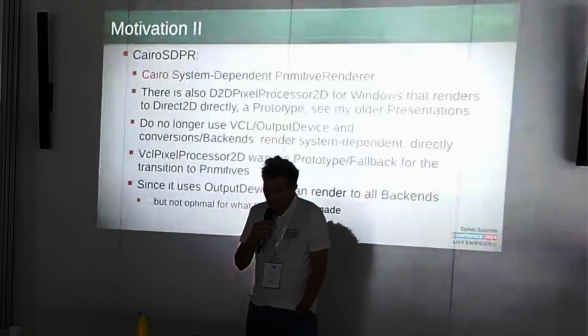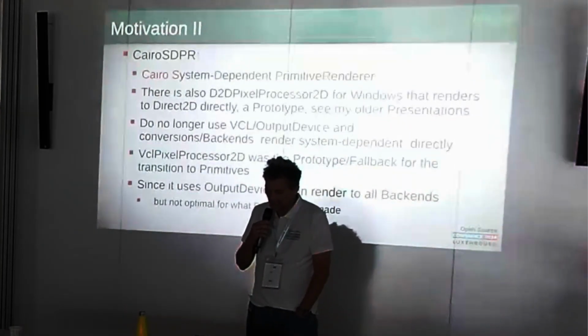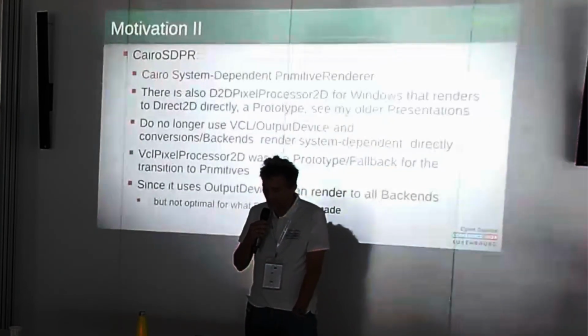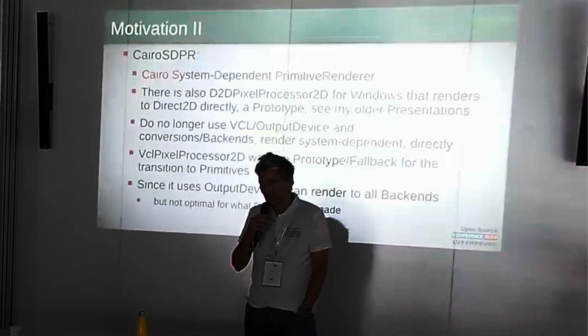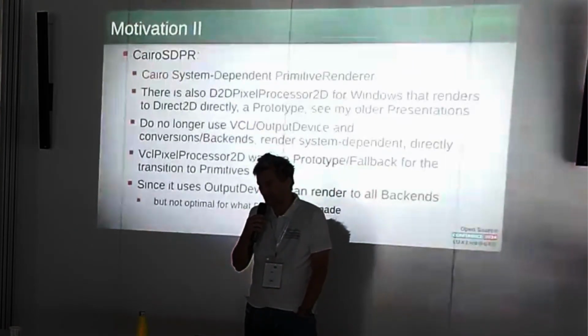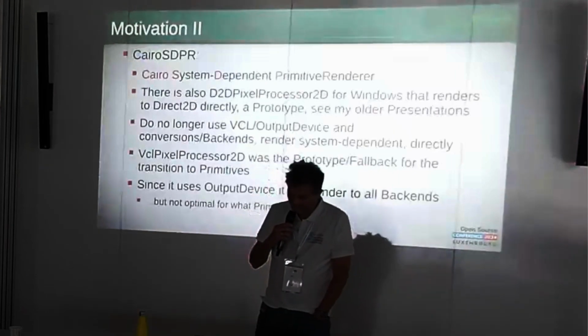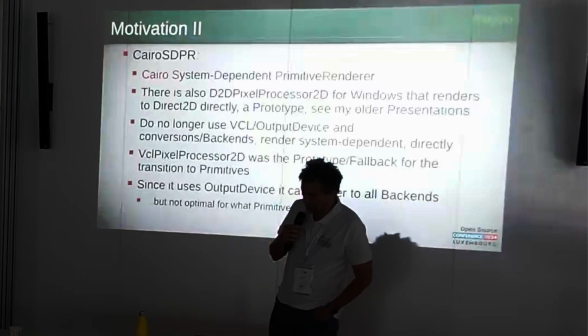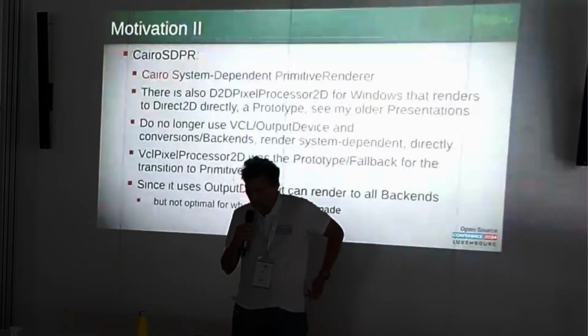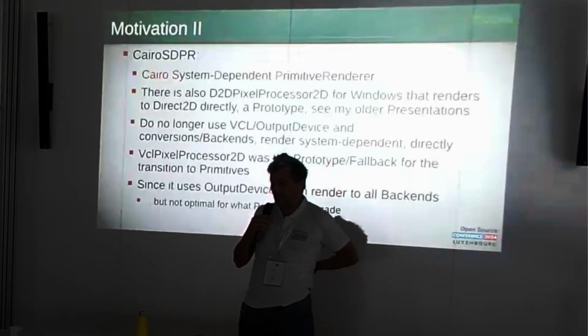So VCL Pixel Processor 2D was just a prototype, and it was used now for 13, 14 years, which was never the plan. Since it uses output device, it can, of course, render to all backends, and this was exactly the idea, to have this in-between state.